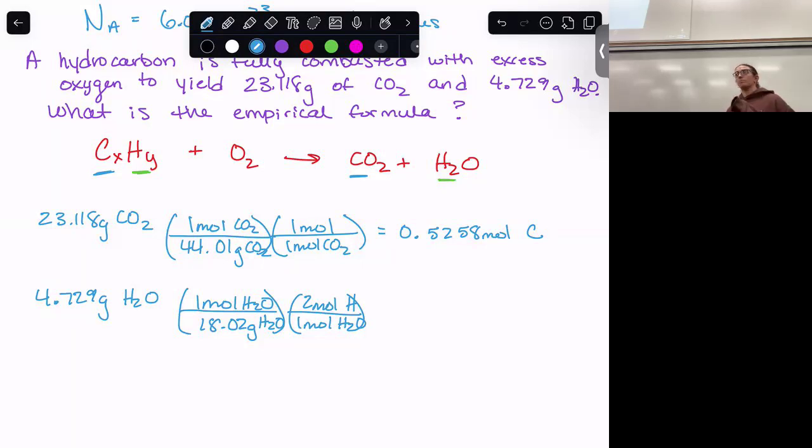Do we see where that ratio comes from? Okay. So then this gets us to 0.525 moles of hydrogen.